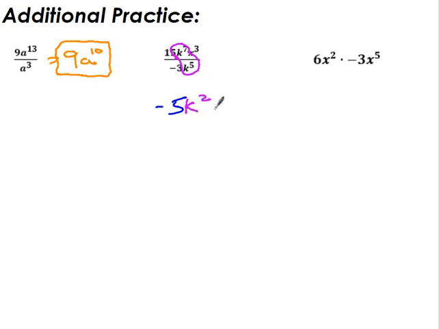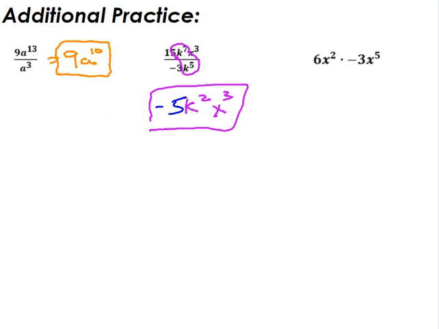And this x to the 3rd still stays up here because nothing happens with it. So I'm done. That's my final answer. I'm multiplying negative 5 times k squared times x to the 3rd. I cannot combine k squared and x to the 3rd because they don't have the same base. I simplify by doing my subtraction. And I simplify by doing 15 over negative 3 is negative 5. And there's nothing else to do here.